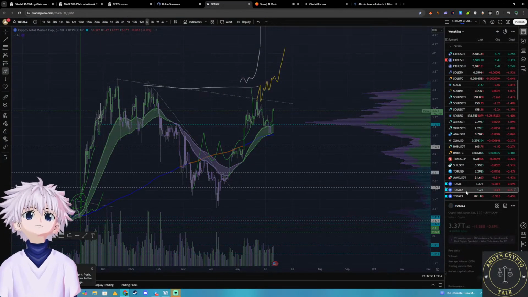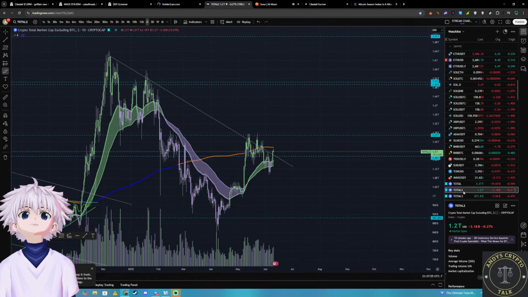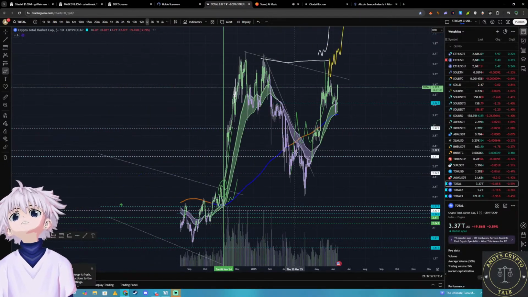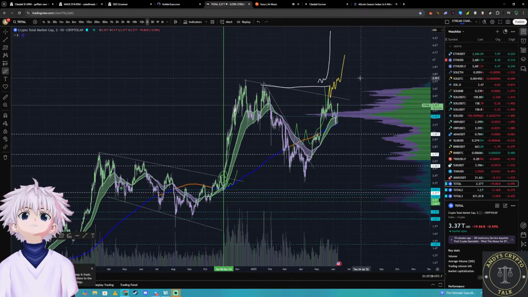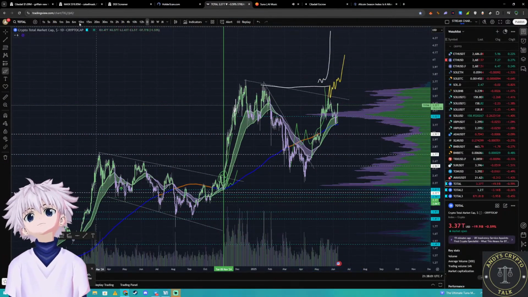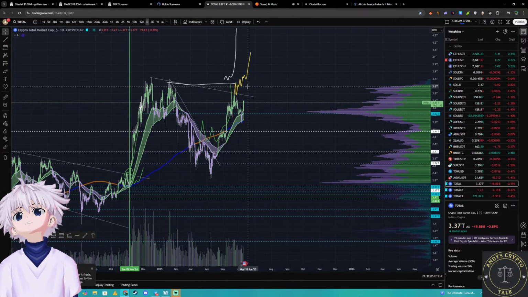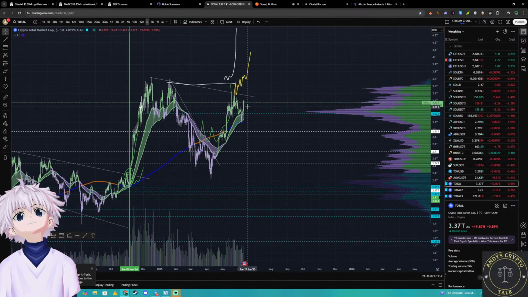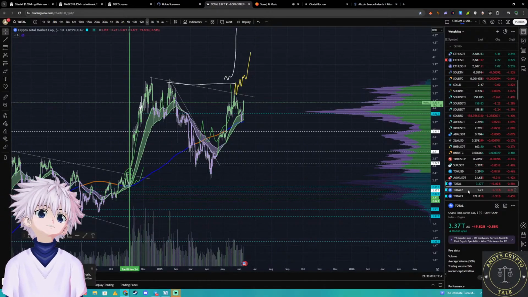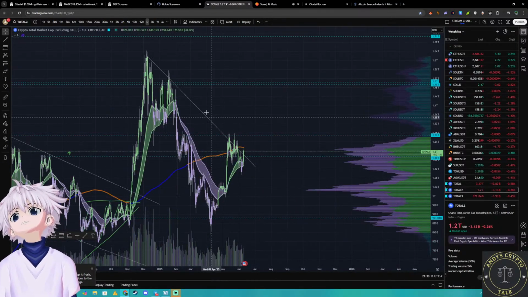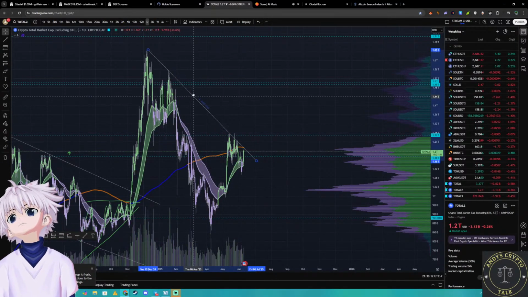Because if you see it on, like, this is Total 3 coming out of this channel, and it still hasn't broken up out of that downtrend, whereas this one looks a little bit better.